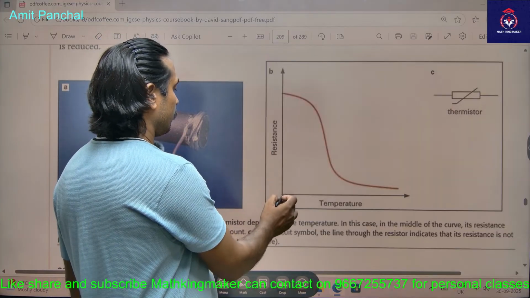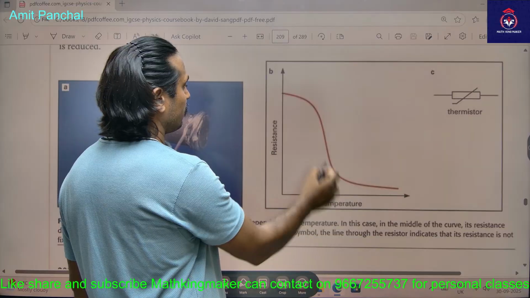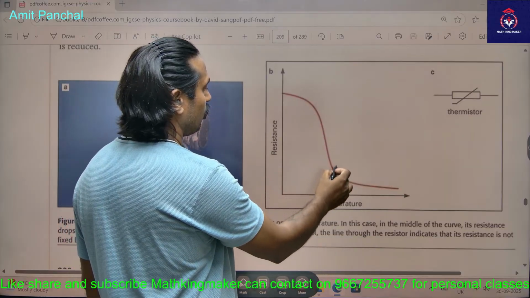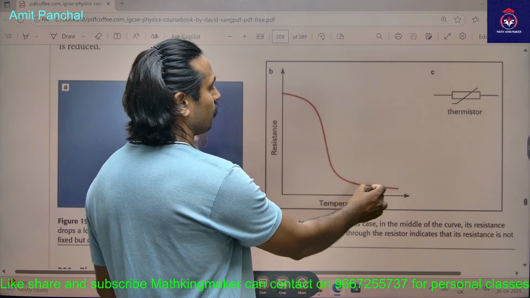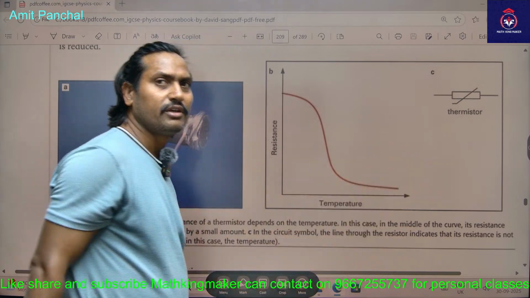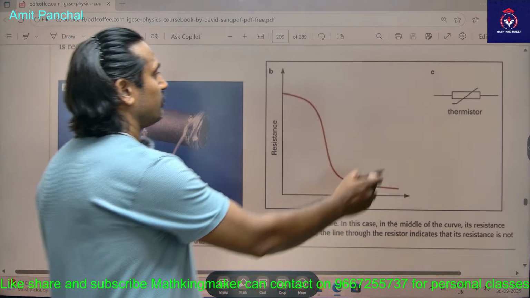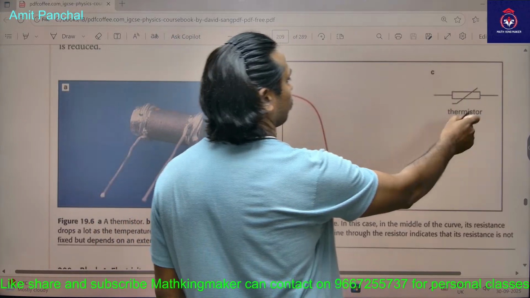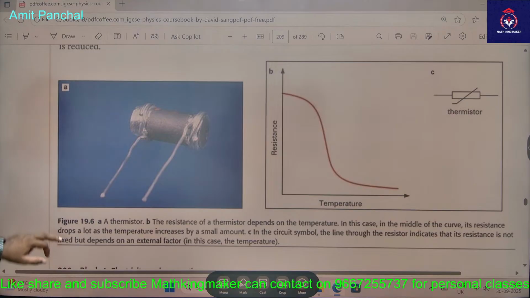At this temperature, resistance was very high. As the temperature is increasing, resistance becomes low, and at this temperature, resistance is not going to decrease further. It becomes a constant. And that is the notation of a thermistor.